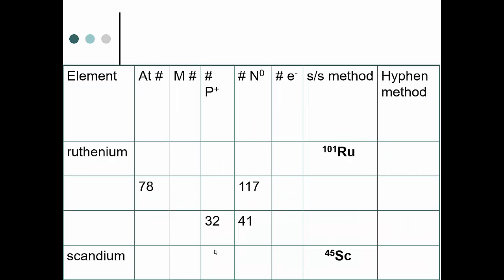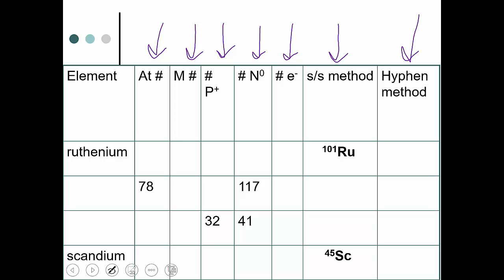What I want you to do right now is you should have this table here in your notes. I want you to pause the video right now, and I want you to do your best to fill in the information that goes into this table, okay? So again, you're going to fill in the atomic number, the mass number, the protons, the neutrons, the electrons. This is the superscript-subscript method, and this is the hyphen method.